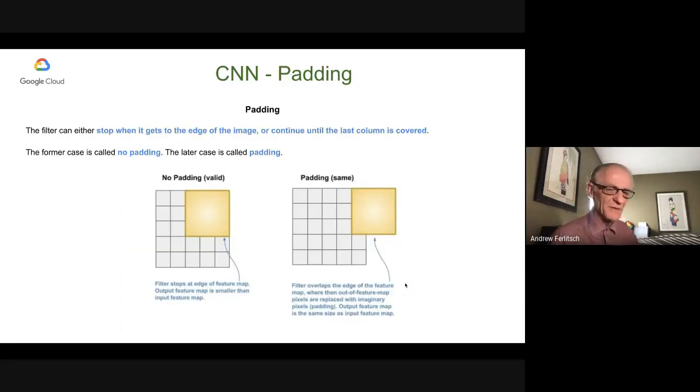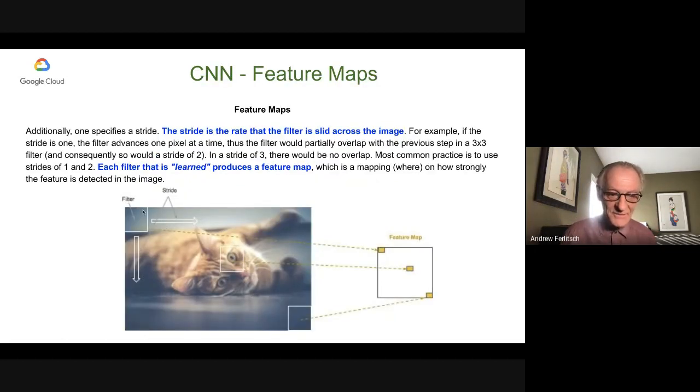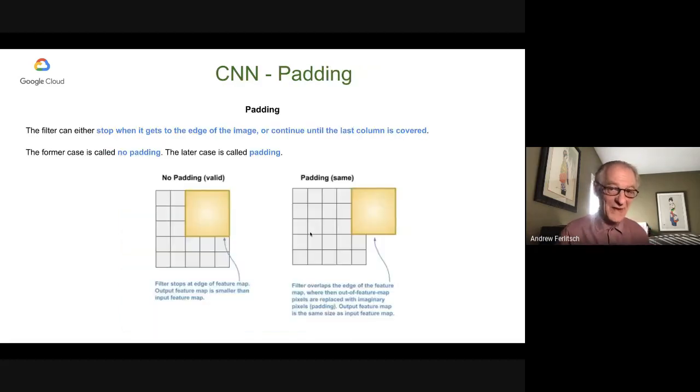So the next thing people tend to think of, okay, let's go back here. I'm sliding this filter across the image, and I go down the next row, slide it across the image. What do I do when I get to the edge here? And that's referred to as padding. Do I stop at the edge or do I slide over? Well, in some cases, you may want to stop at the edge, and we tend to call that no padding or valid. In other cases, let's say we're doing a stride of 1, we're going to keep moving the filter across until we get to the last row.